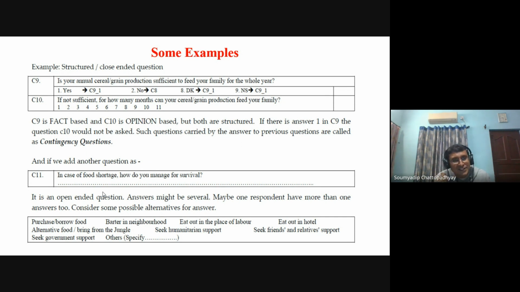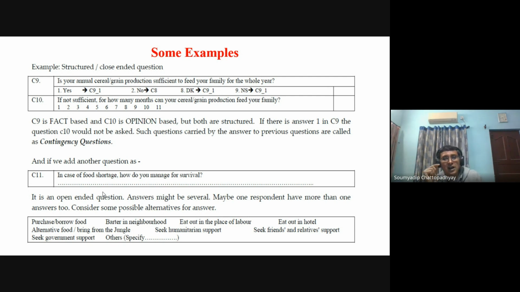So in that sense, C9 is a fact-based question, and C10 is a contingency question, which is at the same time opinion based. But there is a similarity between C9 and C10. What is the similarity? The similarity is that both are structured and coded accordingly.